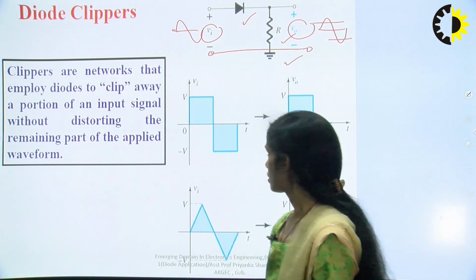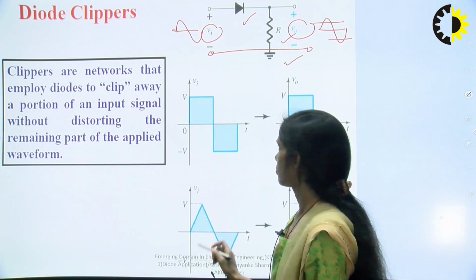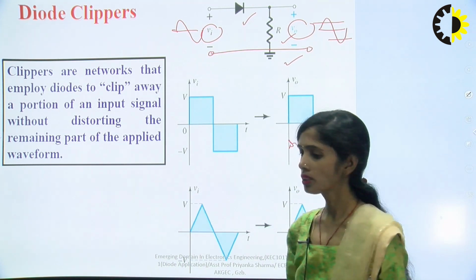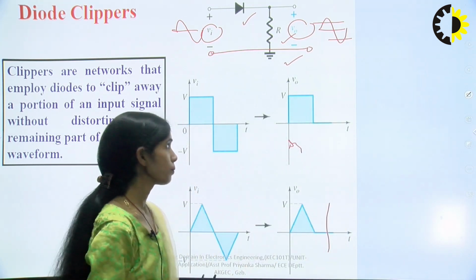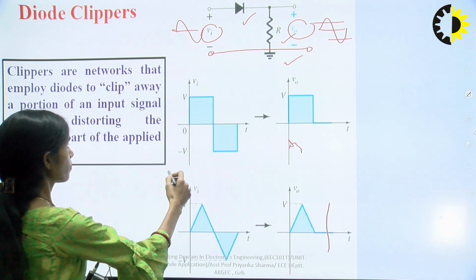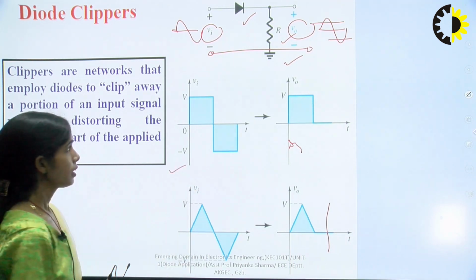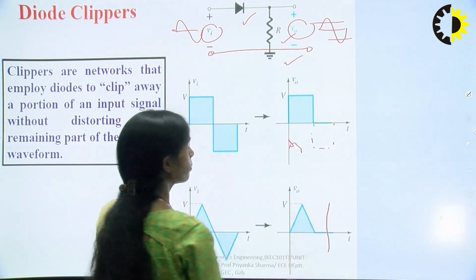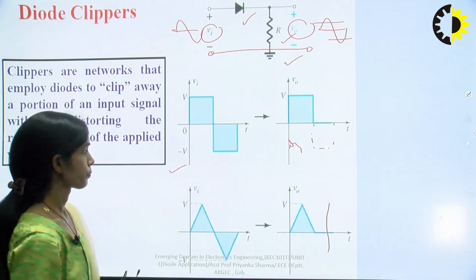First we should know what clipping is. We can have different waveforms and different clipping options. Suppose we have a square wave, then we can clip the negative cycle. This can be called a negative clipper.